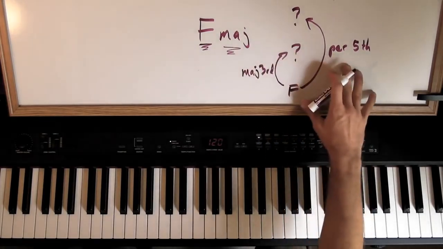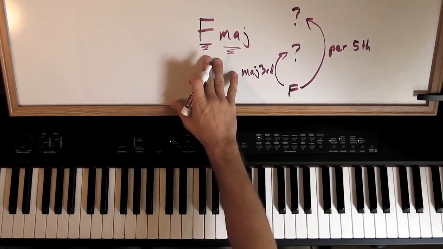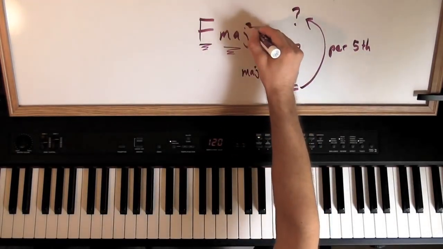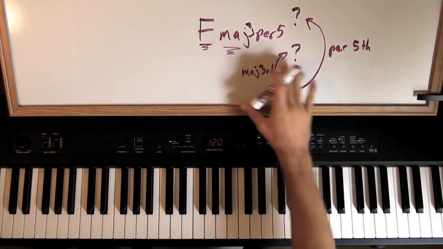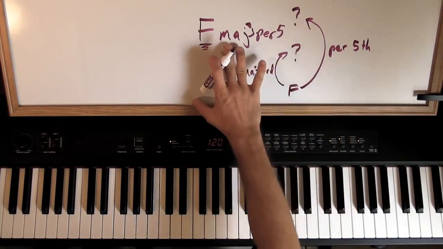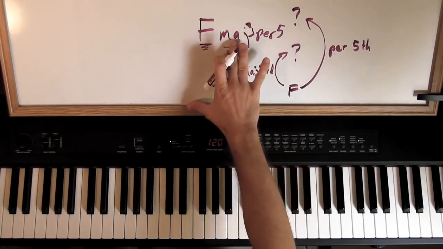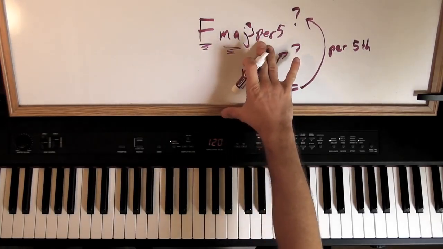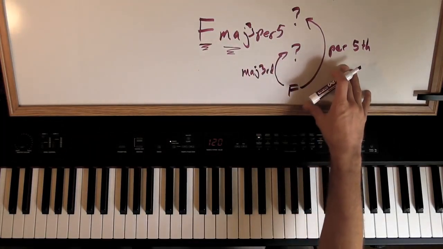They almost always have a perfect fifth. And so it would be kind of nice if this chord was called F major third perfect fifth. That would tell you exactly what you need to do over here. But almost every chord has this, and so you usually just leave this off. Most chords just tell you this part, and they don't really tell you anything about the fifth. And whenever that happens, you just assume that you need to have a perfect fifth in the chord.